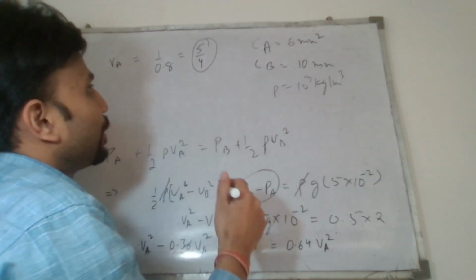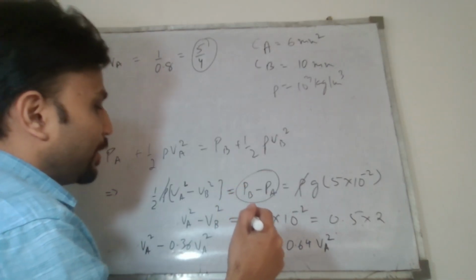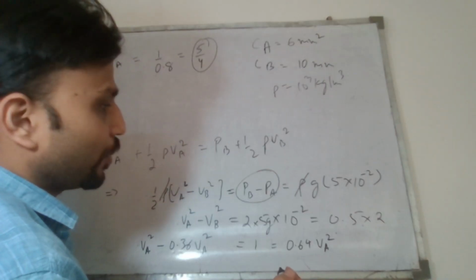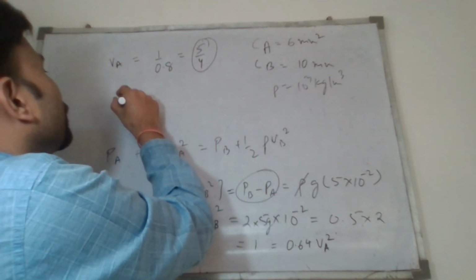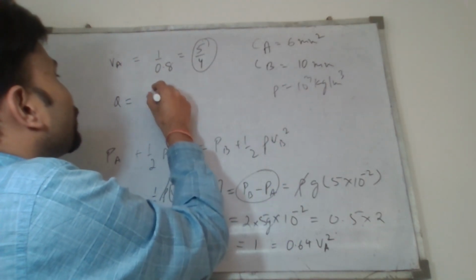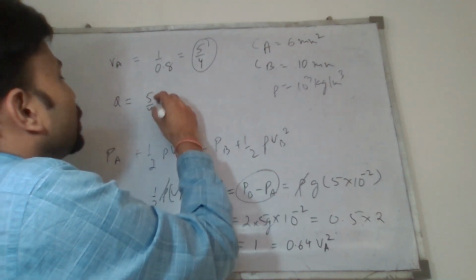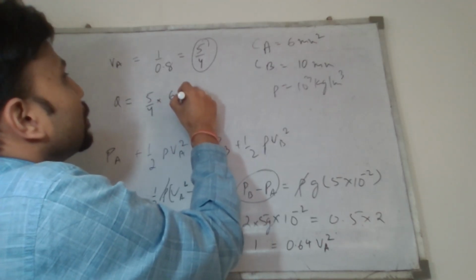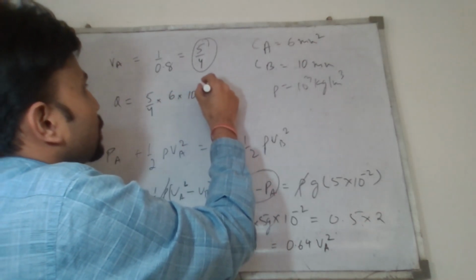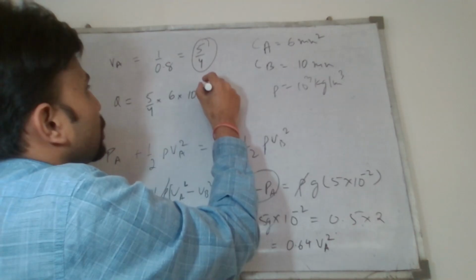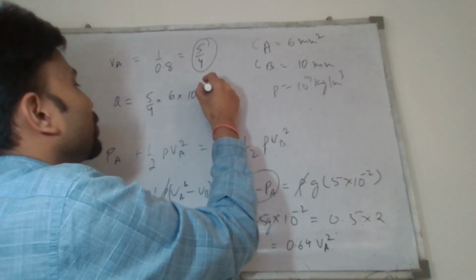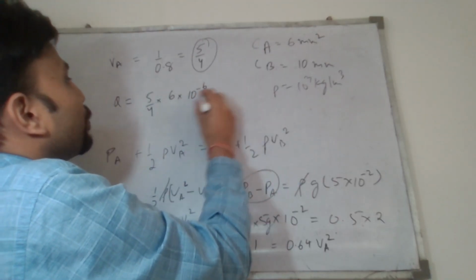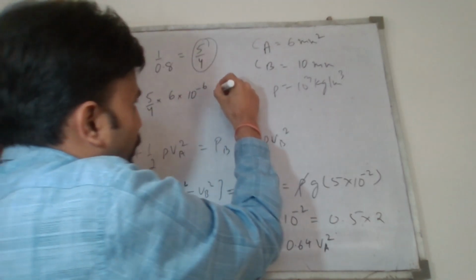So if you put the value of VA and multiply it with what we are calculating, Q. So VA, that is 5 by 4, multiplied with CA, that is 6 into 10 to the power minus 6, yes. So this would give us the value of Q in meter per second.